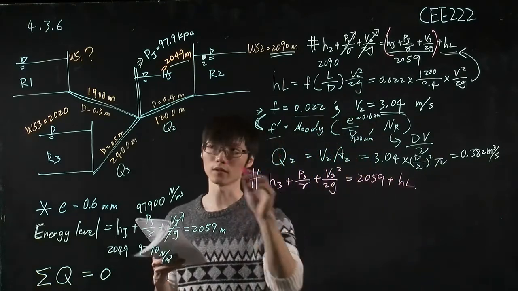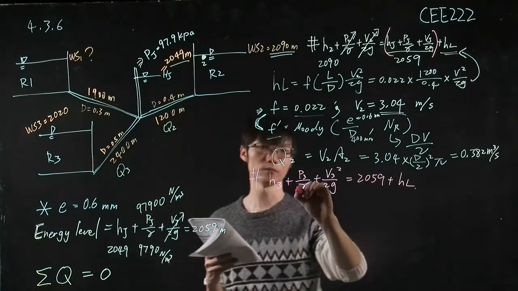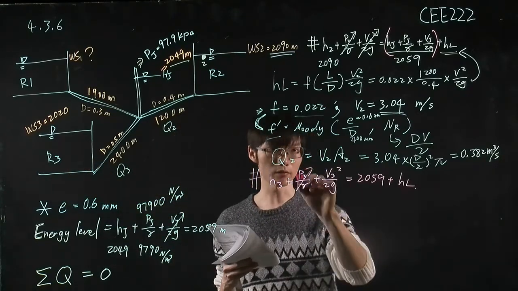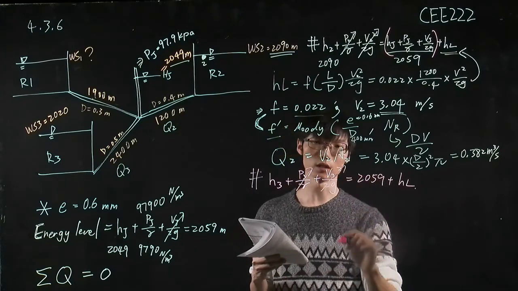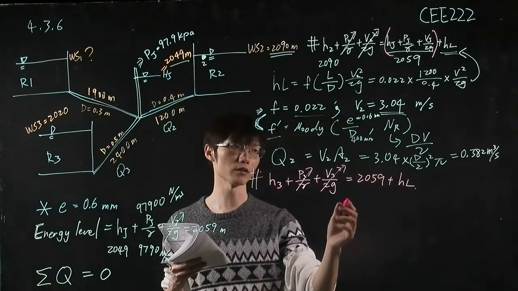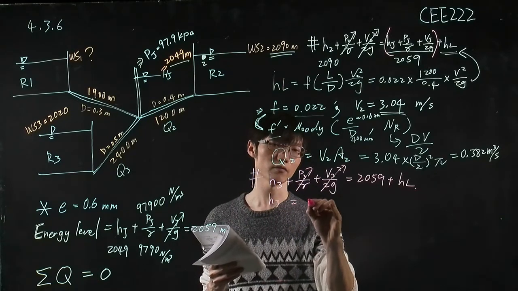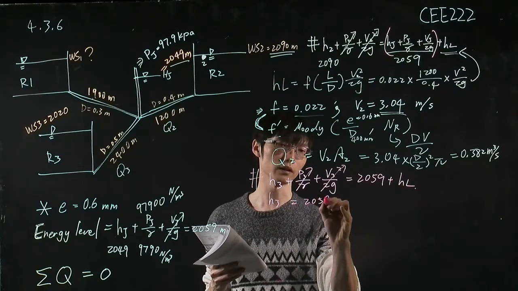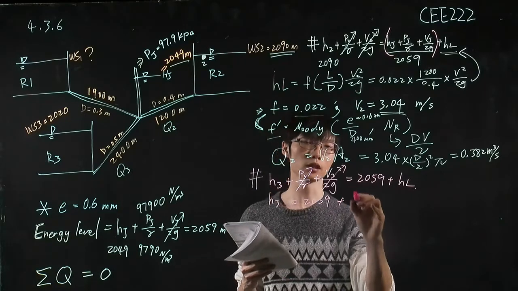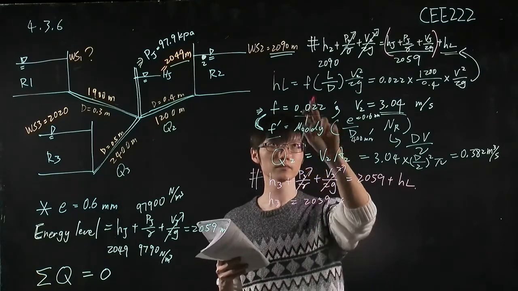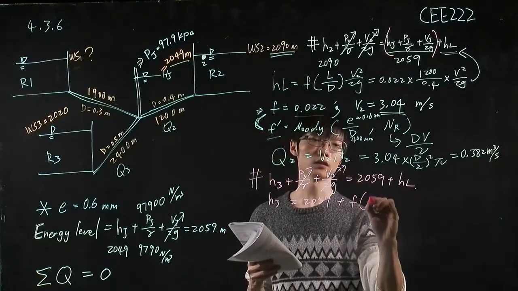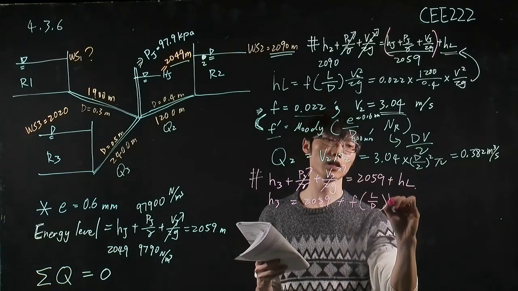And similarly, because this is an open reservoir, P3 is equal to 0 and V3 is equal to 0, so we can simplify the equation to this: H3 will equal 2059 plus the head loss, and for the head loss we only consider the friction head loss, so we encounter the same situation.